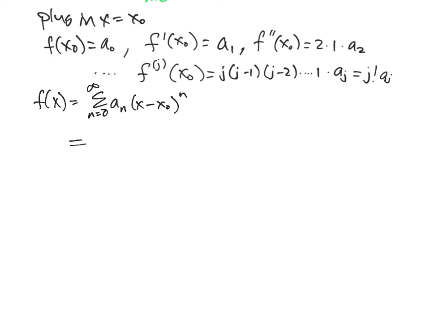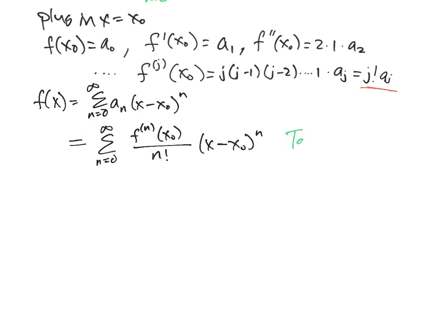But all of our a_n's we can sort of see from up here equal, if we divide off by that j factorial or n factorial, whichever one, the index doesn't matter, the nth derivative of f evaluated at x naught over n factorial. So f of x equals the sum from n equals 0 to infinity of f^(n)(x naught) over n factorial, times (x minus x naught)^n. This is our Taylor series.